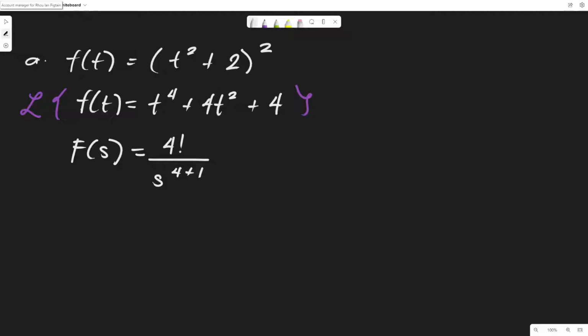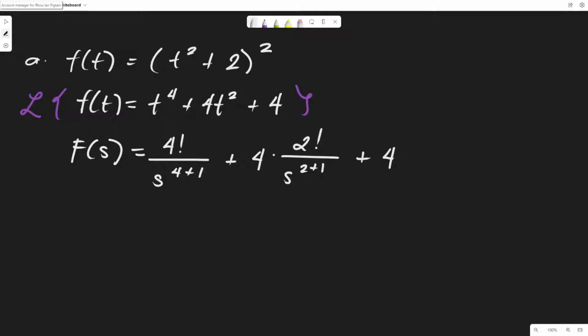Then plus, homogeneous property, pag may constant, lalabas yung constant. So 4 multiplied to the Laplace transform of t squared, that is 2 factorial over s raised to 2 plus 1.